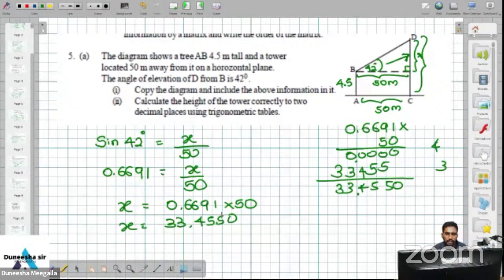Calculate the height of the tower correctly to 2 decimal places: 33.46. Okay. Did you get the answer?